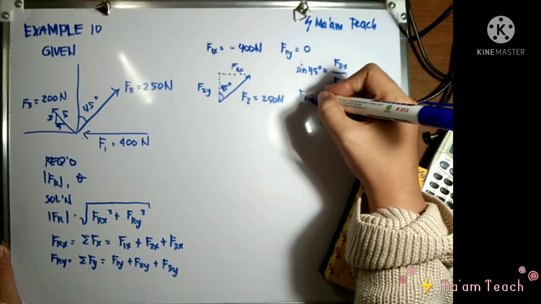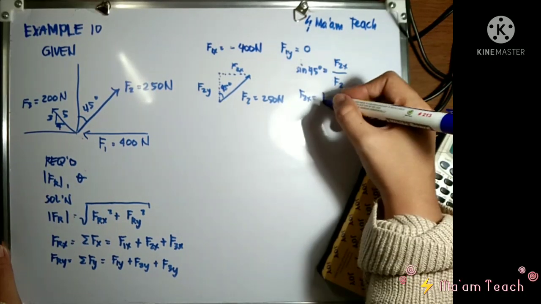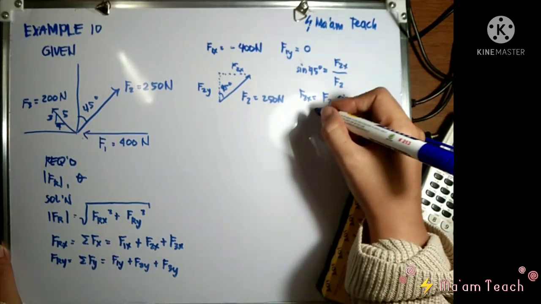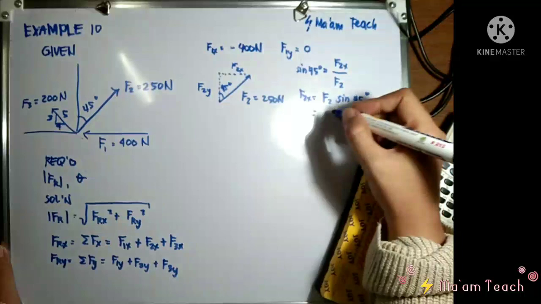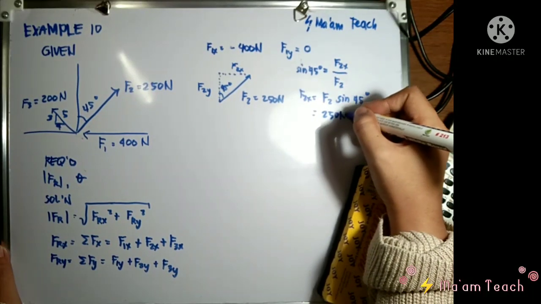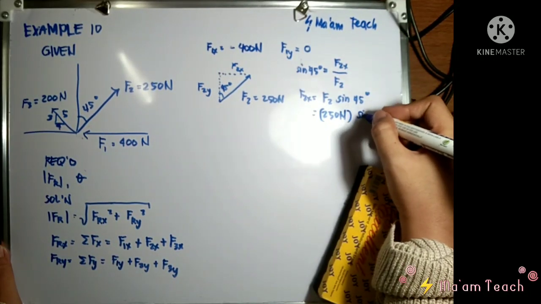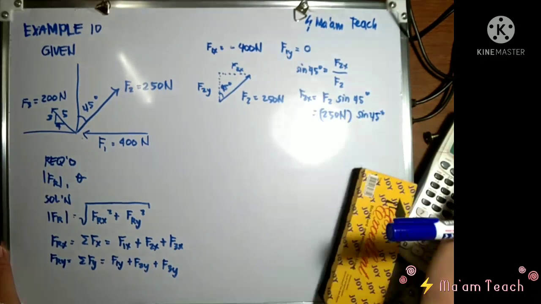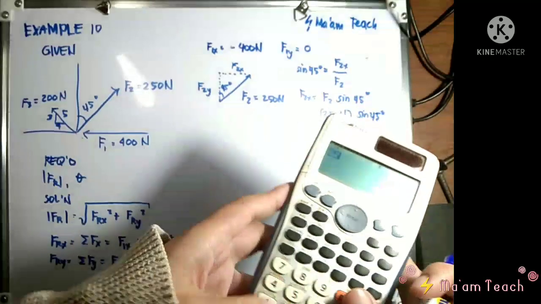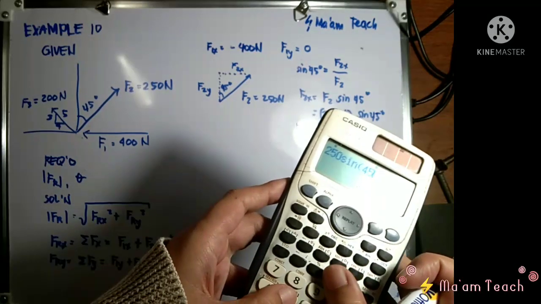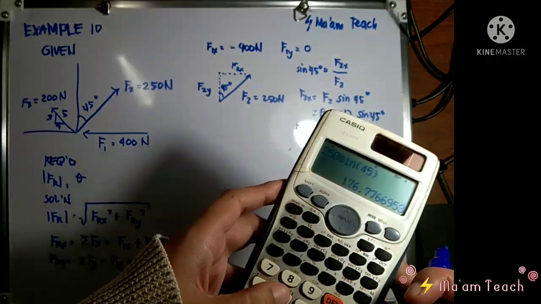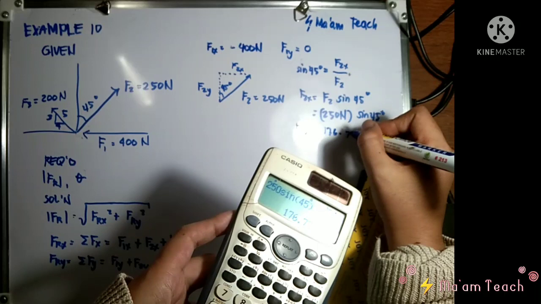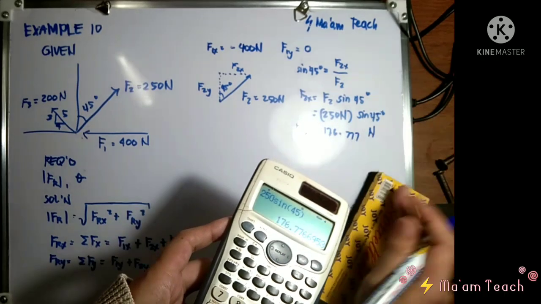So therefore F2x is F2 sine 45 degrees, or that is 250 times sine 45. So F2x is 176.777, and the unit is Newton.